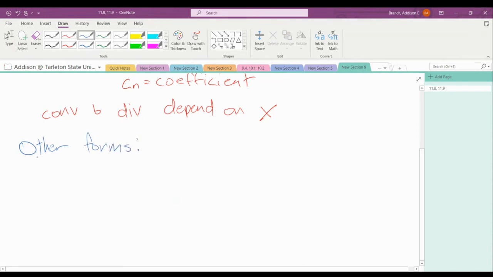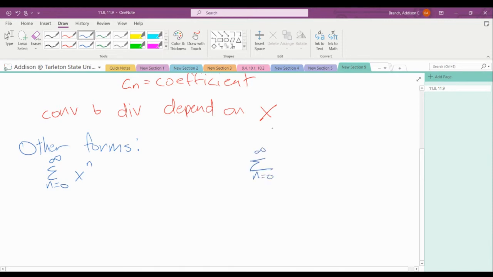You can get a more simplified form, the summation from 0 to infinity of just x to the n. That is pretty much the most basic form you can see of this, because like we said earlier, that x to the n is really the important part of your power series.